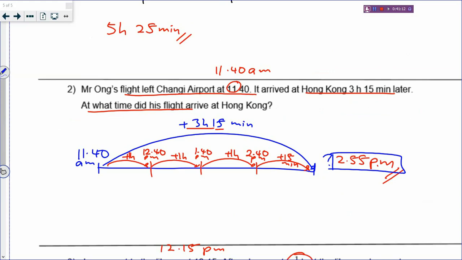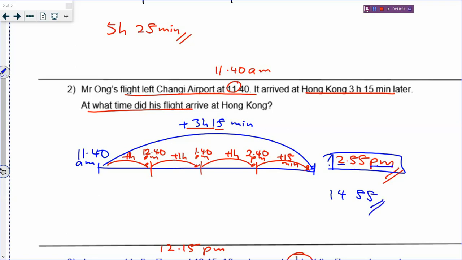For example, 2:55 p.m. If the question asks you to write your answer in 24-hour format, I just get the answer and change back. What's the answer in 24-hour format? PM means 12 and bigger, so you add 12 to 2, and you get 14:55. So that is your 24-hour answer.